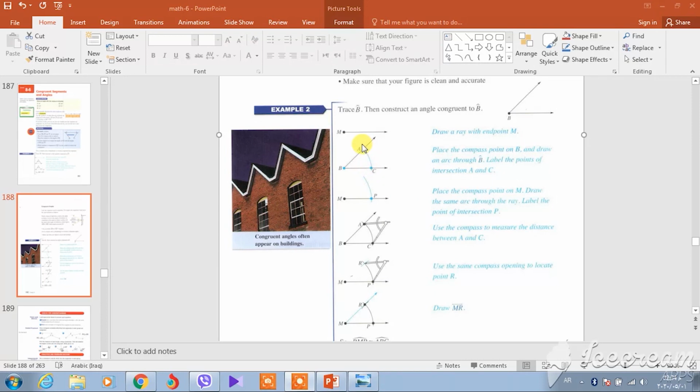Use the compass to draw and label the points AC. After that we have M, and with this we can use this point to make another label, I write it point P, and use the compass also to measure the distance between A and C, with the same length from this label.